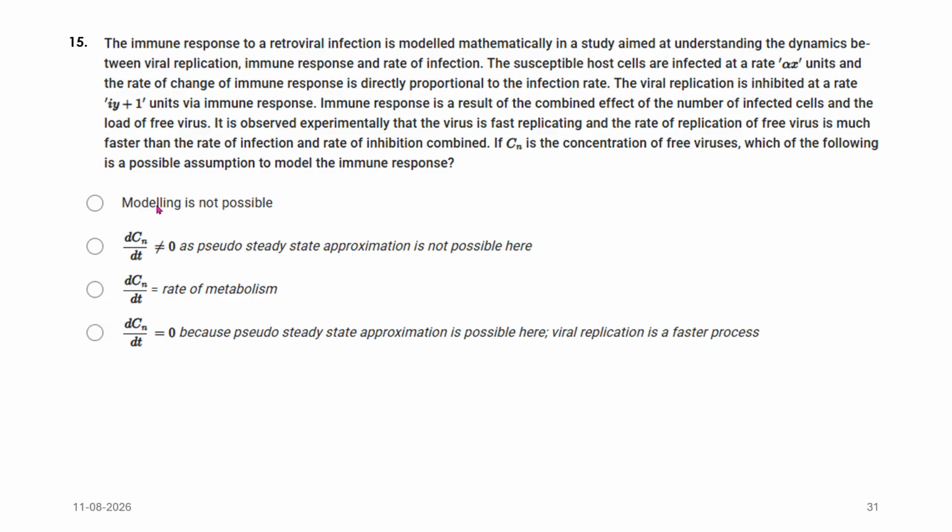The viral replication is inhibited at a rate IY+1 units via immune response. Immune response is a result of the combined effect of the number of infected cells and the load of free virus. It is observed experimentally that the virus is fast replicating, and the rate of replication of free virus is much faster than the rate of infection and rate of inhibition combined. Cn is the concentration of free viruses. Which of the following is a possible assumption to model the immune response?